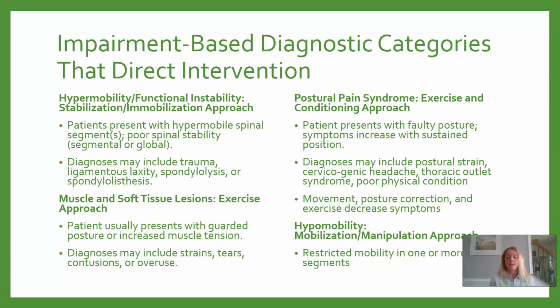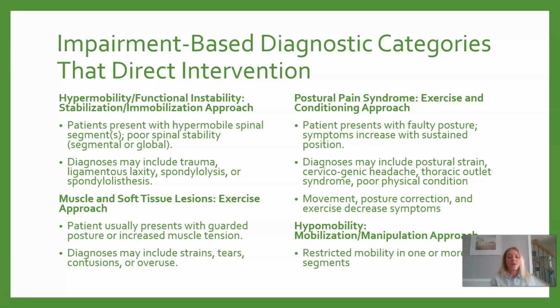This could be trauma, ligamentous laxity, spondylolysis or spondylolisthesis. And again, these are our spondies. So think back to the previous slide. Spondylosis is arthritis. Spondylolysis is a fracture of the vertebral area, and spondylolisthesis is a fracture with slippage. I have some slides later that will go over these, so we'll get there.